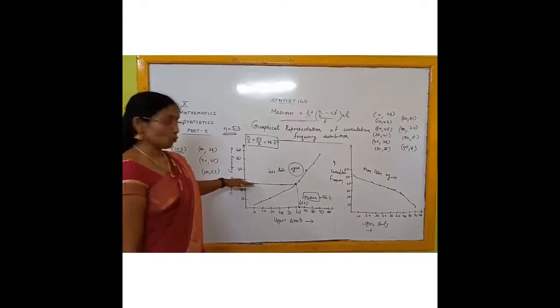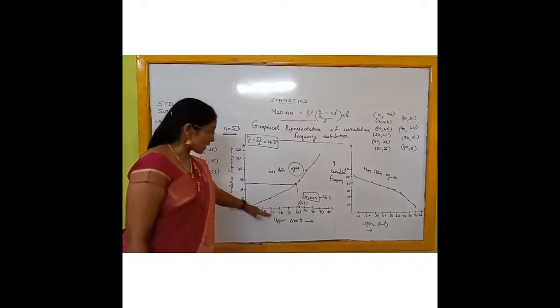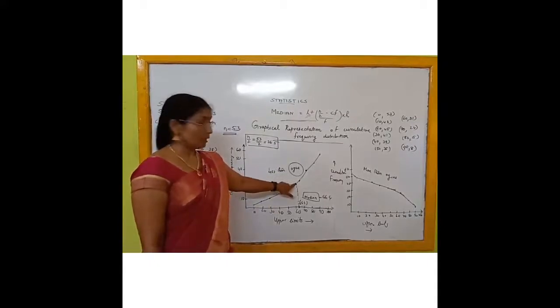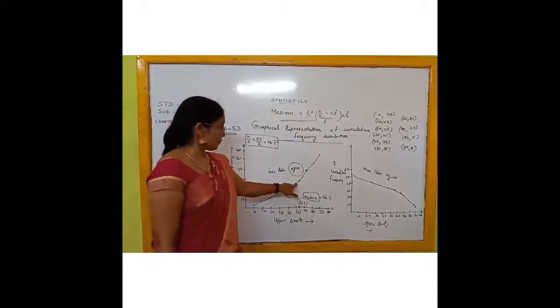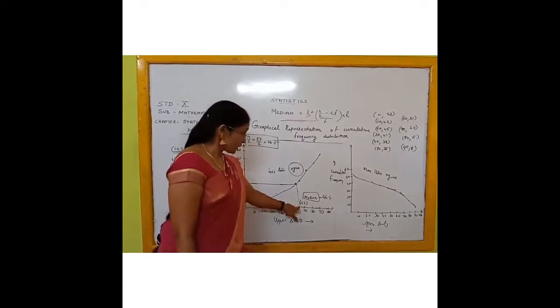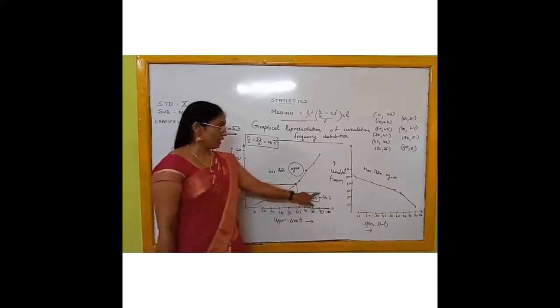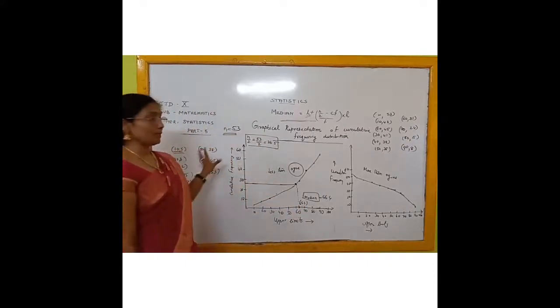From that value you draw a line parallel to the x-axis until it touches the curve. From there you draw a perpendicular line which touches the upper limits at some point. That point will be the median of this particular frequency distribution.